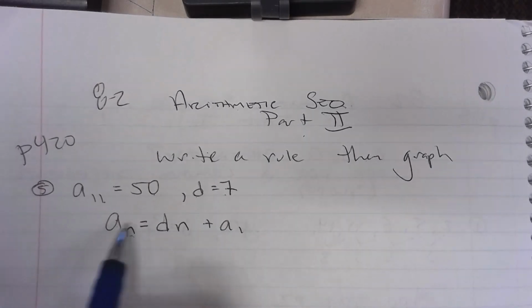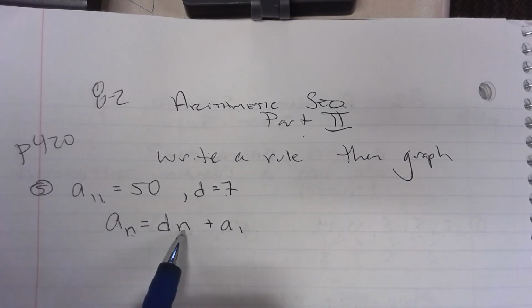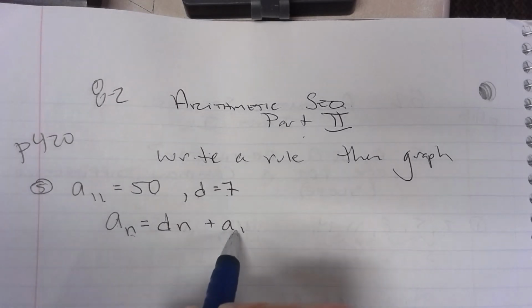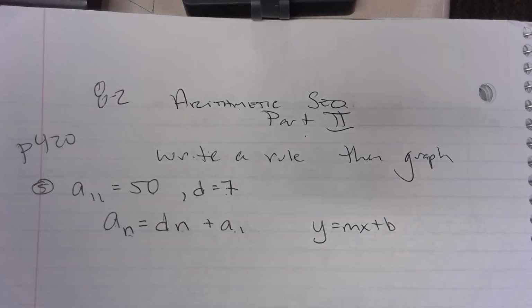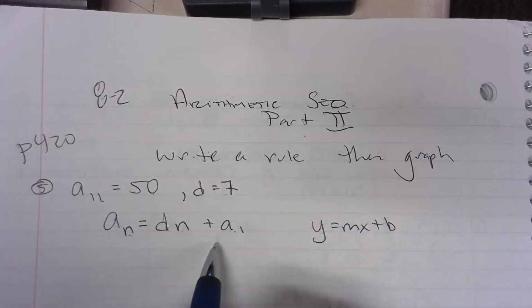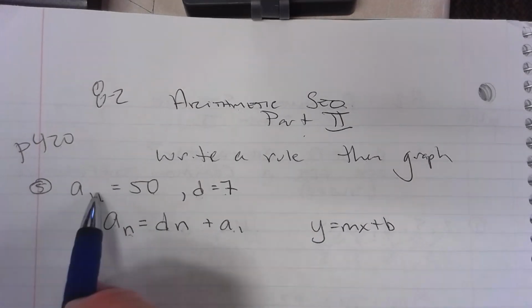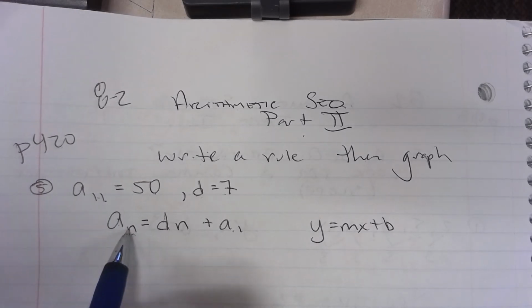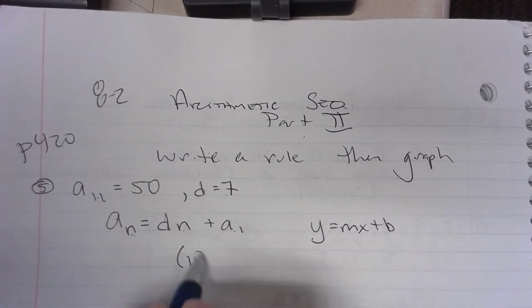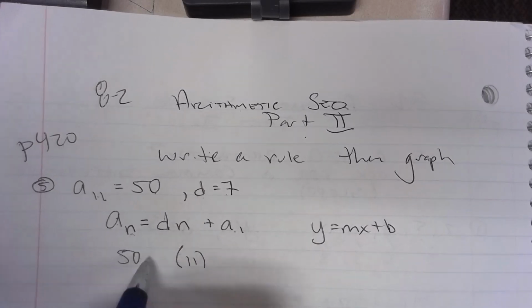where the nth term is the common difference times n plus the first term. Kind of looks like y equals mx plus b, right? So let's try to find the missing piece here. I know that my 11th term, when I plug in 11 for n, the answer is 50.